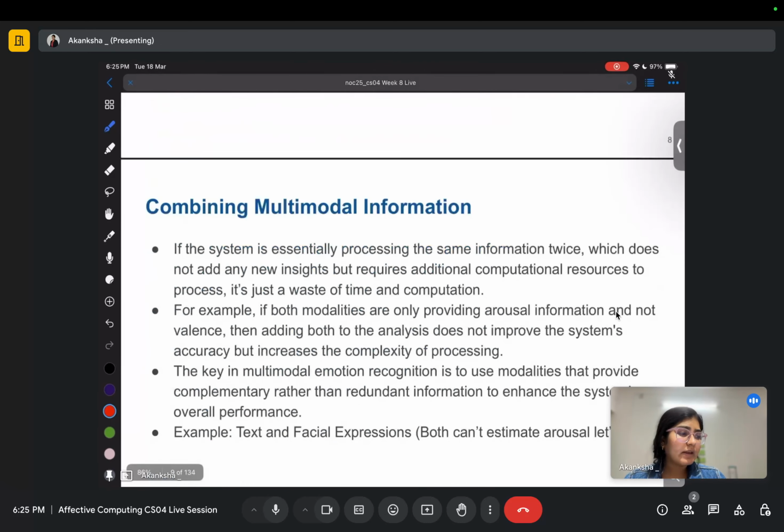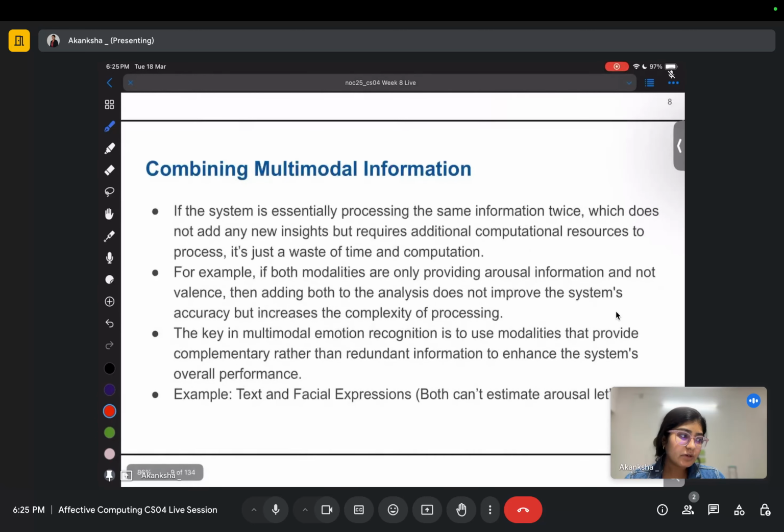So, when we combine multimodal information, and the information is redundant, let's say my facial expressions and some other, let's say EEG, are not providing complementary information, then we are essentially processing the same information twice, which does not add any new insights.